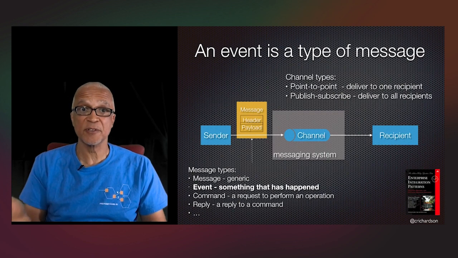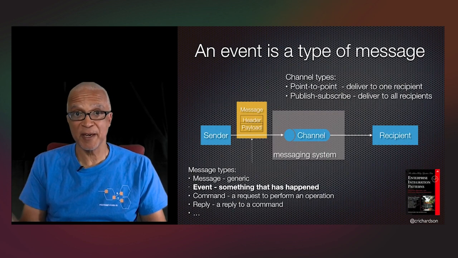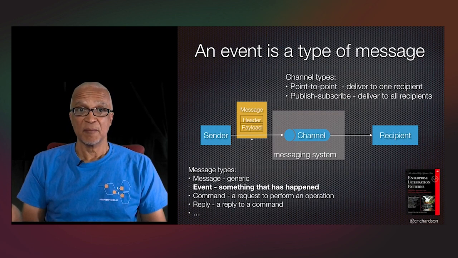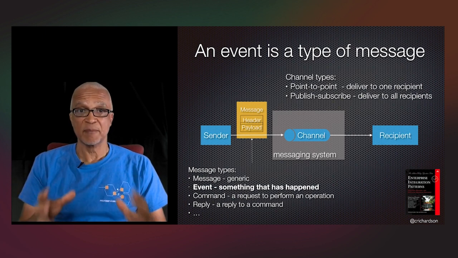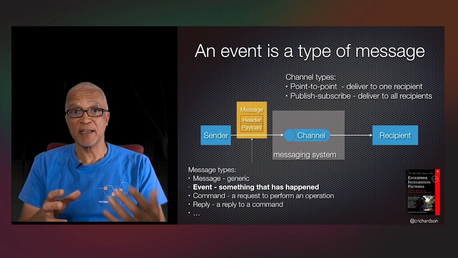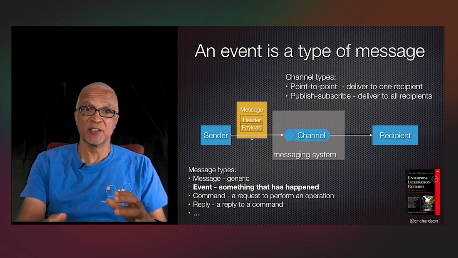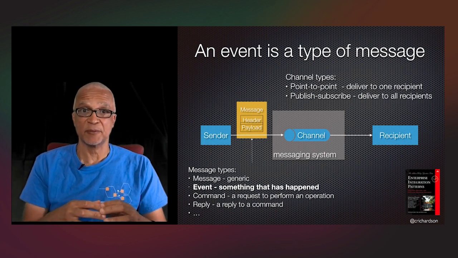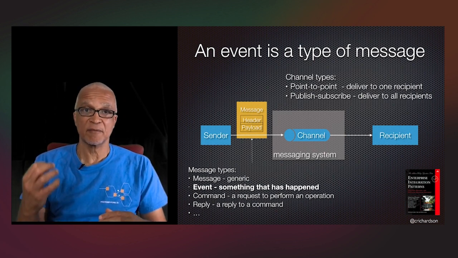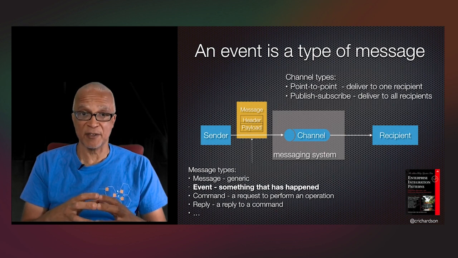An event is also a type of message delivered by a message broker. My favorite model of messaging comes from the book Enterprise Integration Patterns, which is a great collection of messaging patterns. A sender sends a message via a message channel, and a recipient reads from a message channel.